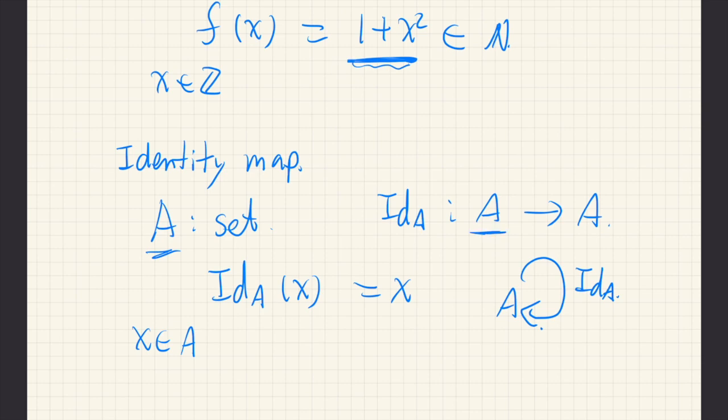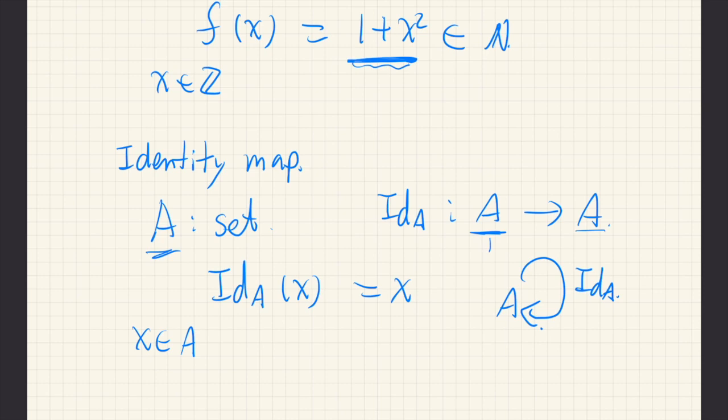So this domain and codomain set A can be the set of natural numbers or integers or whatever, or a set of elephants. You can use any set for A.